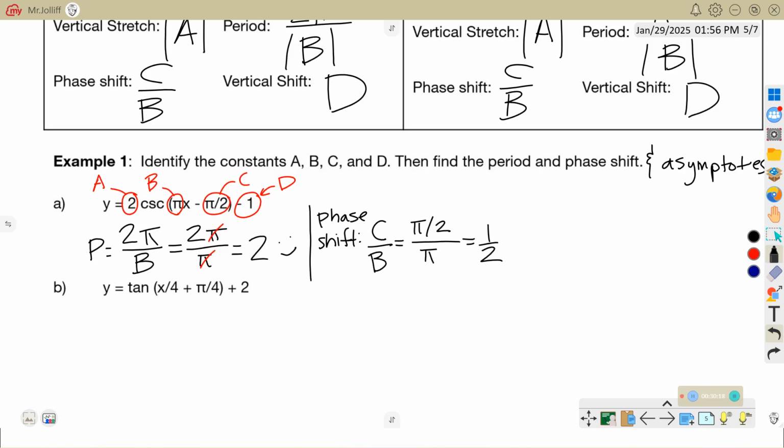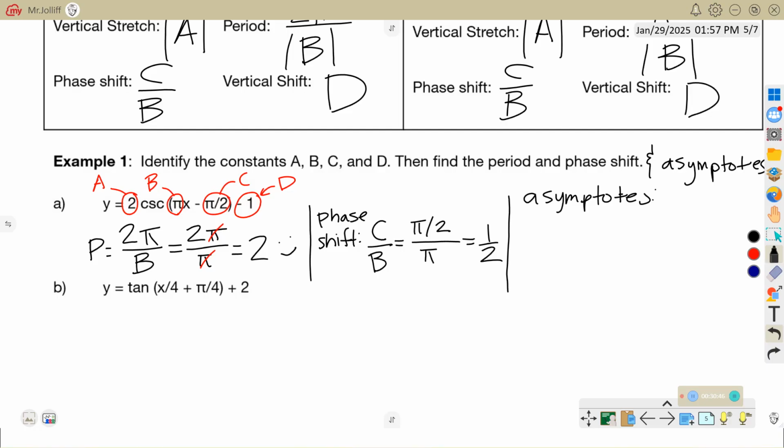Last thing we want to do is find that formula for asymptotes. So looking a little bit higher on that page, we know that tangent and secant have the half pies.